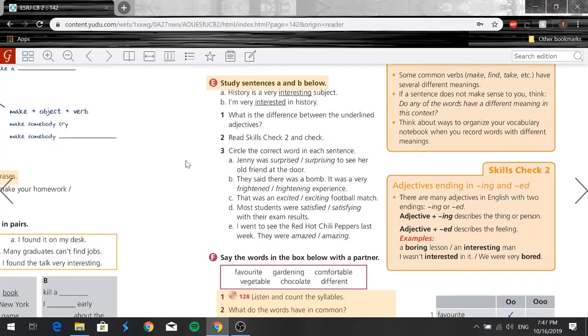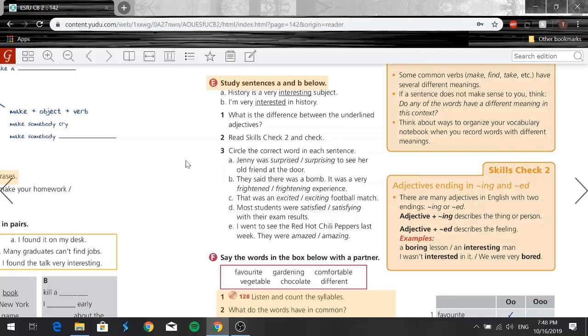So we have adjectives ending in ing or ed. So there are many adjectives in English with 2 endings. So you either have ing or ed. When using an adjective plus ing, we're usually describing a thing or person, right?